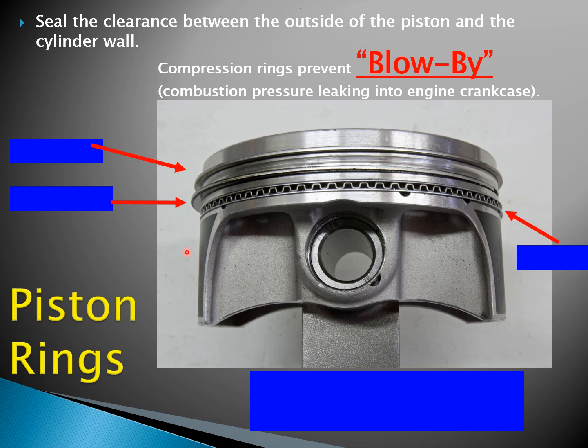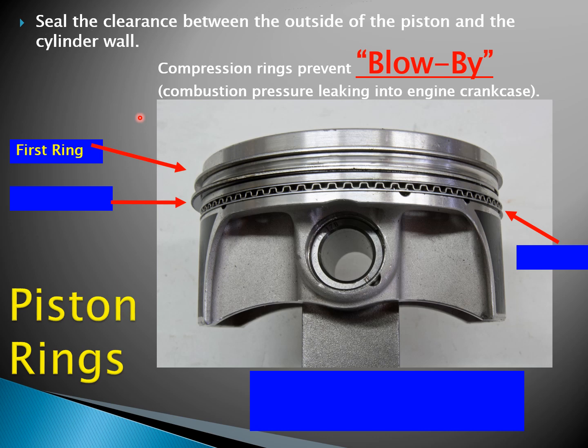This is some of that pressure leaking past into the crankcase, and it's essentially a loss of power. So that's the term blow-by. We would link that back to worn compression rings.